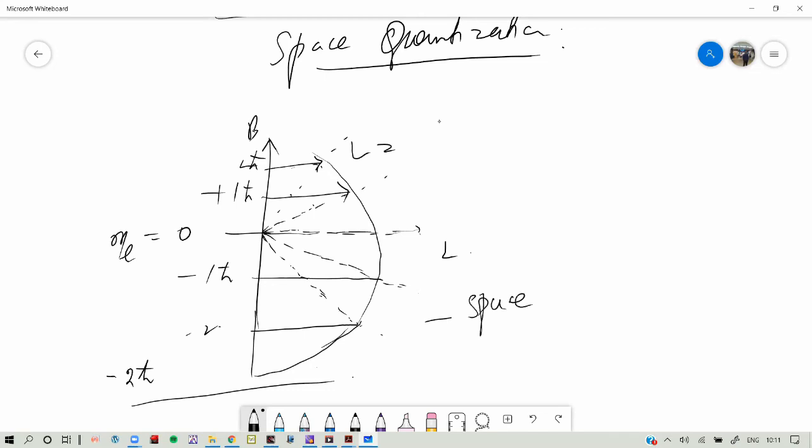What does it mean? It means that the orbital angular momentum vector L precesses around the external magnetic field B, and it forms a cone. So if this is B, the L will be like this.